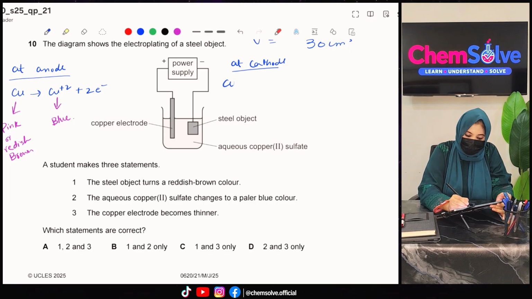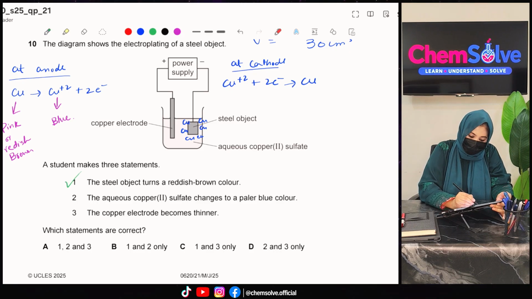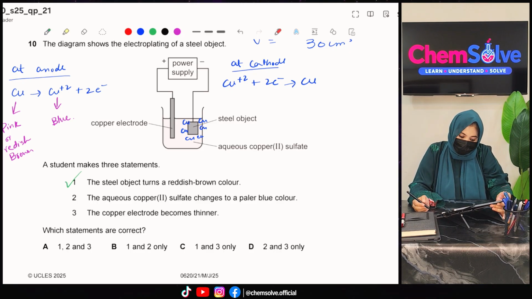At cathodes, these copper positive 2 ions will be reduced and they will form copper. So when copper is formed all around this steel object, then the steel object turns reddish brown. Yes, this option number 1 is correct. The aqueous copper sulfate changes from pale blue color to paler blue color.